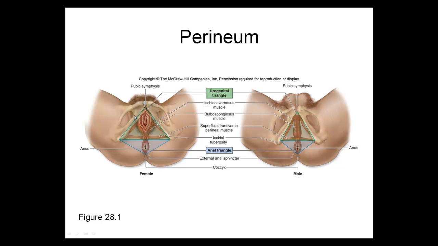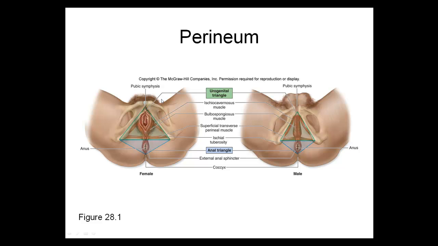The urogenital triangle will contain, in the female, the orifice of the vagina and the urethra, and in the male it will contain the base of the penis and part of the scrotum. The posterior triangle, or the anal triangle, will contain the anus and the external anal sphincter, as you can see here in the two pictures.